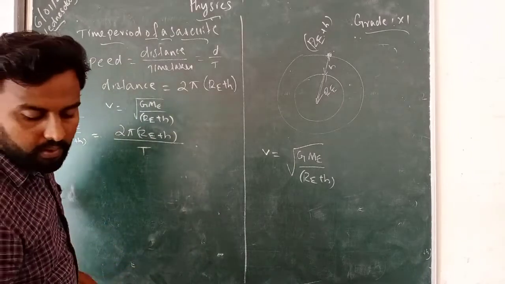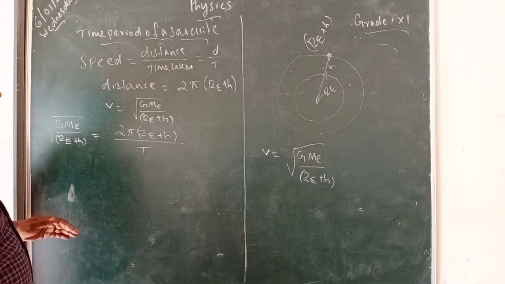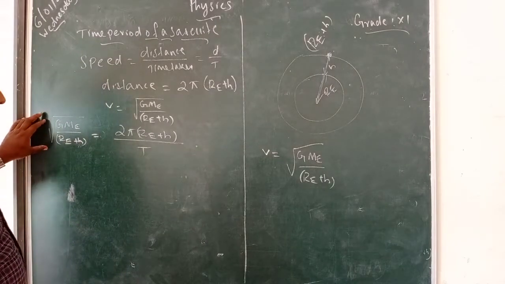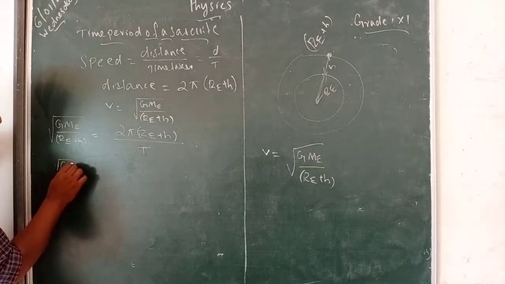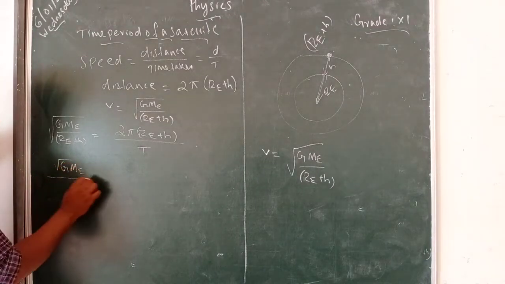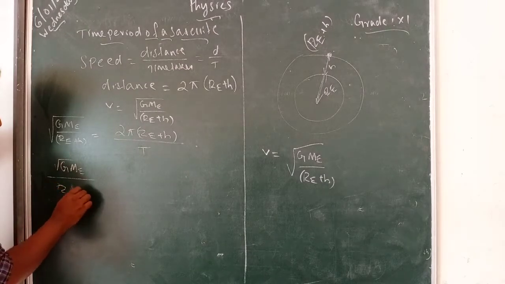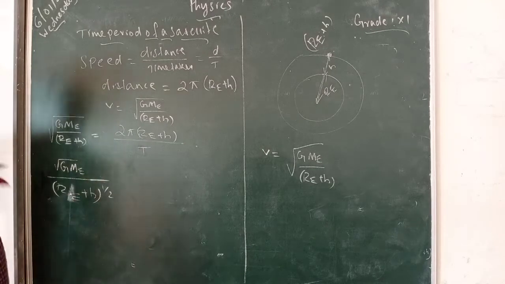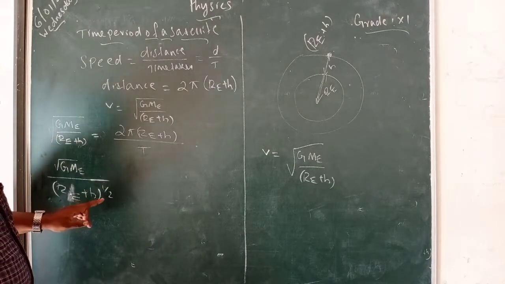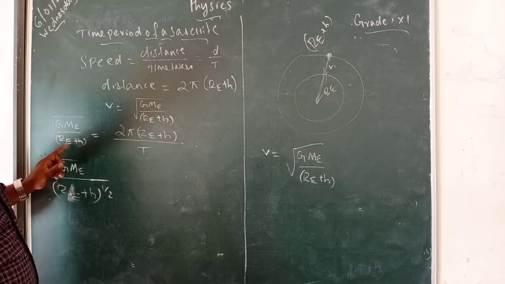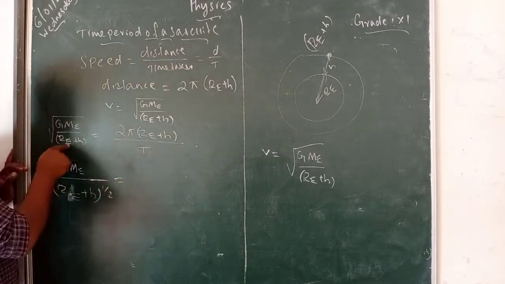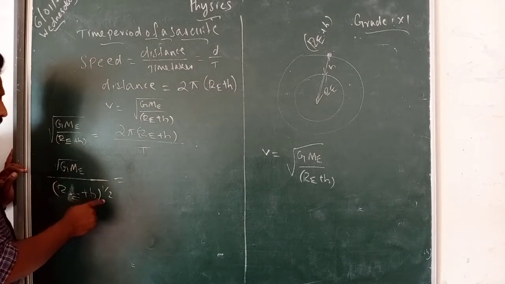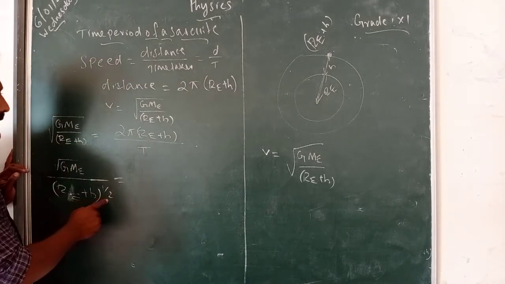Now what you have to do is change this root. Write it like this: root of G M_E, and (R_E plus h) to the power 1 by 2, since when we change the root, R_E plus h becomes (R_E plus h) to the power 1 by 2.